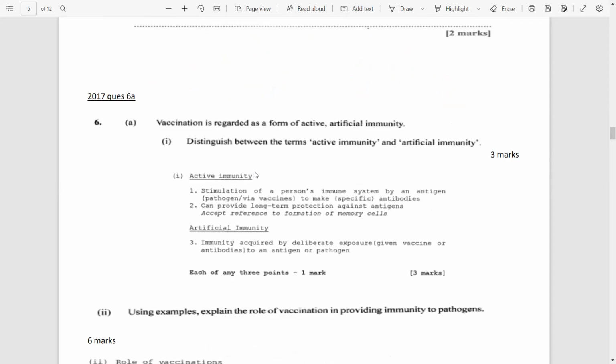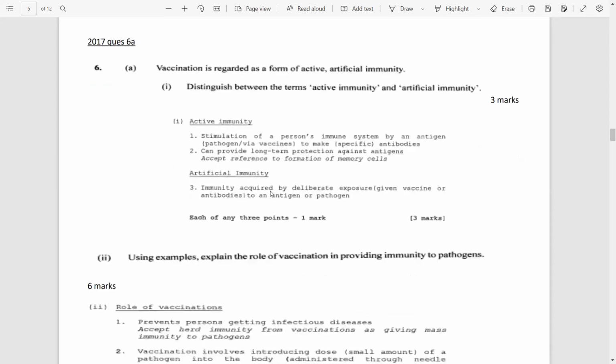So once you have stimulated the immune system to make memory cells, that means that it is an active process. The term artificial means that the immunity was acquired by deliberate exposure, given either by vaccination or antibodies, to an antigen or pathogen. So you were not naturally exposed to the pathogen, it was deliberate. So that's what active means, and that's what artificial means.